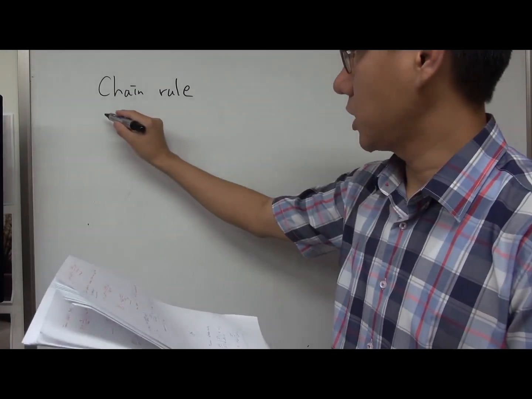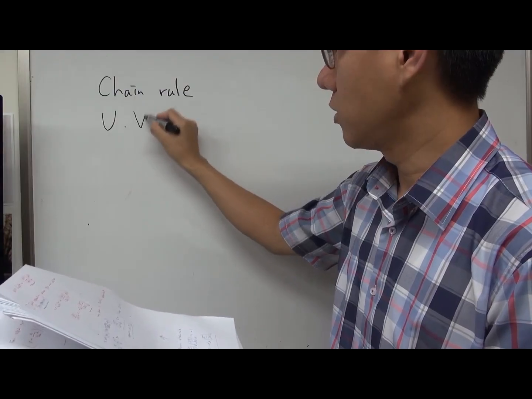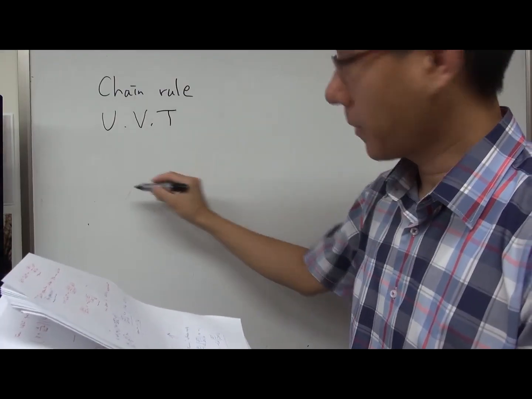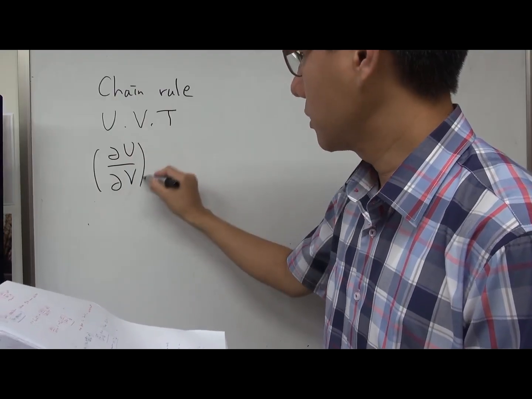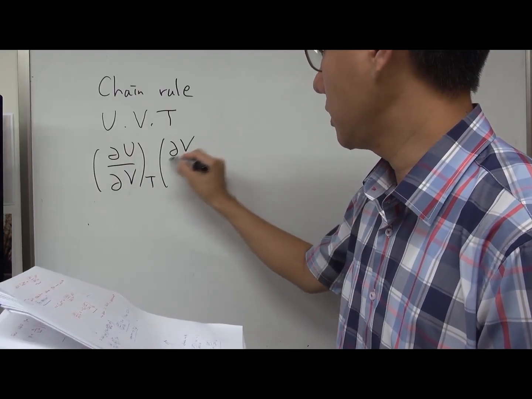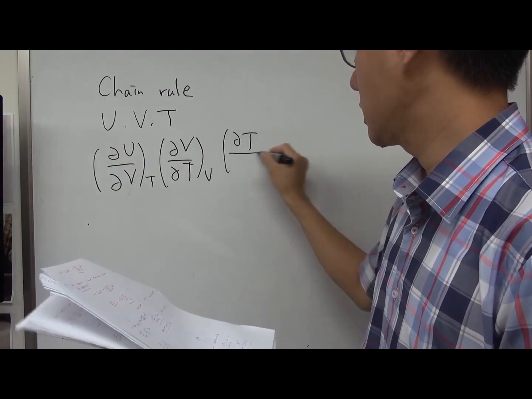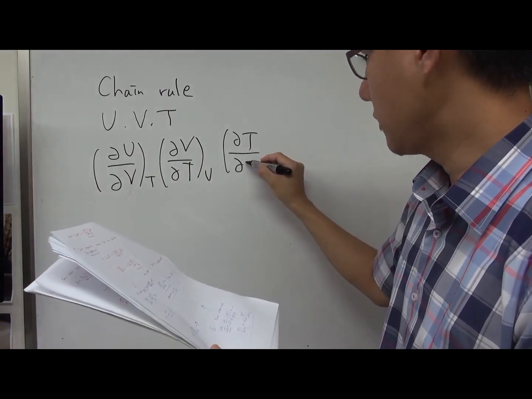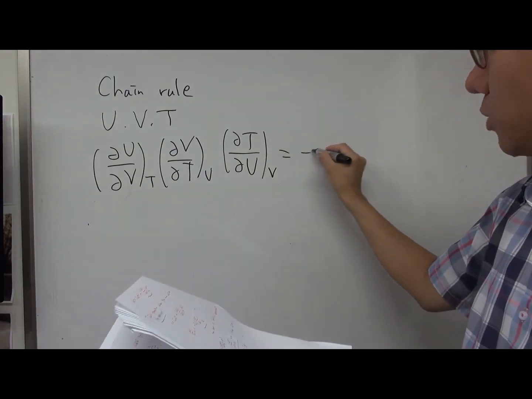If you express chain rule for three variables, U, V, and T, you can get this expression: round U round V at T, round V round T at U, round T round U at V, which should be -1.